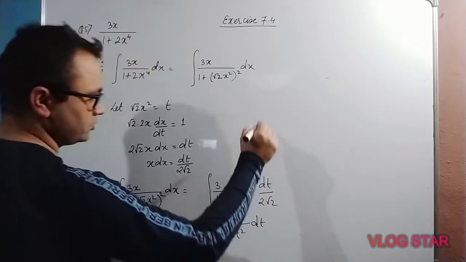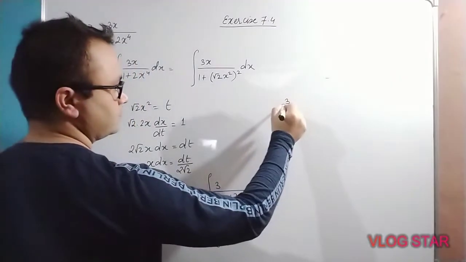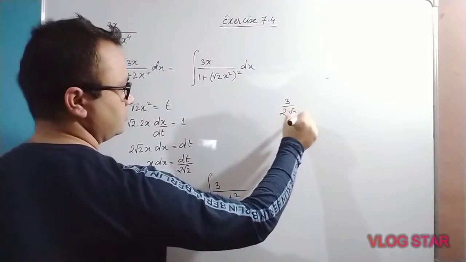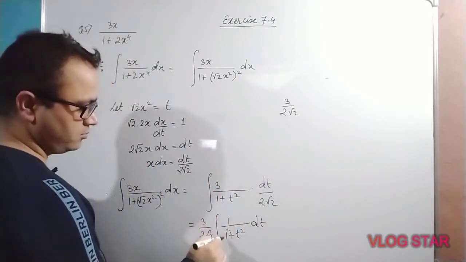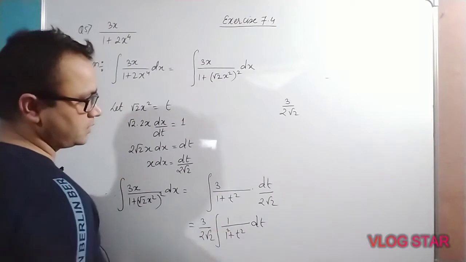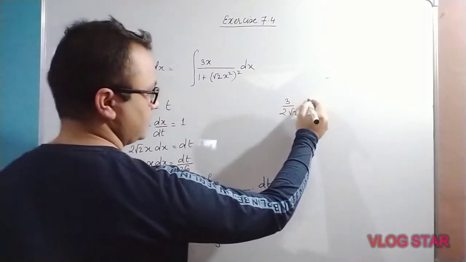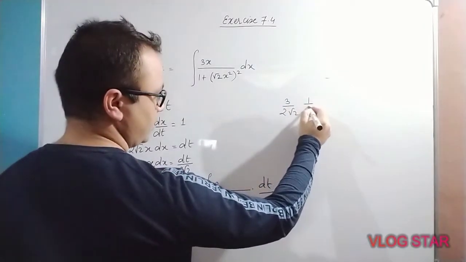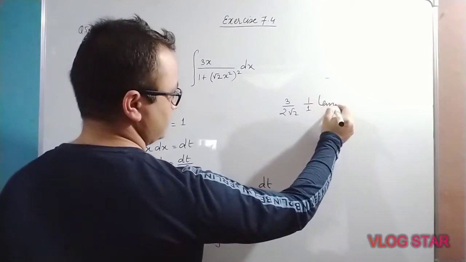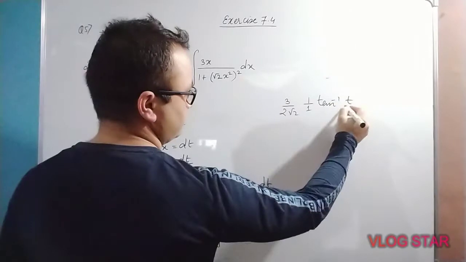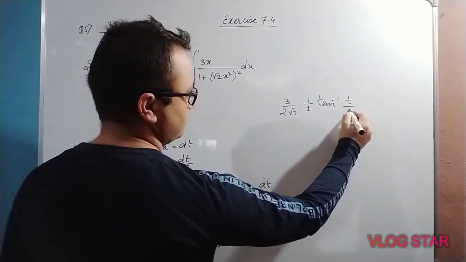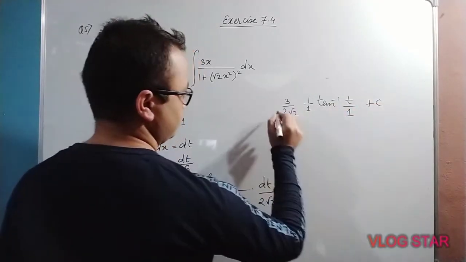So this equals 3 by 2 root 2. Now what is the integration of 1 by a square plus x square? It is 1 by a tan inverse x by a. Here 1 by a is 1, tan inverse x is t by a is 1, plus c.